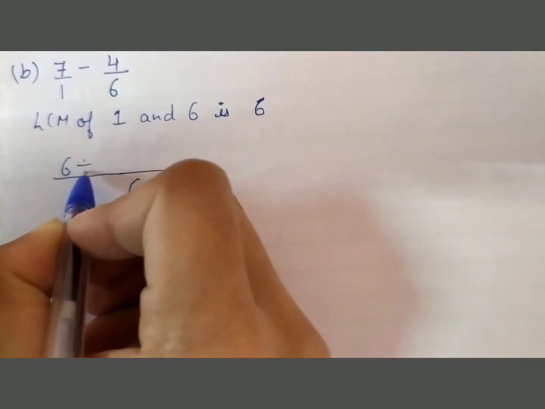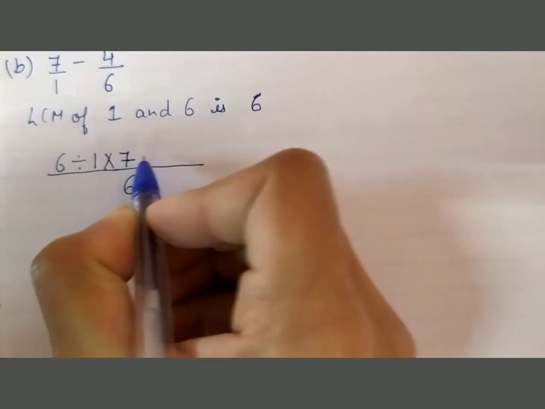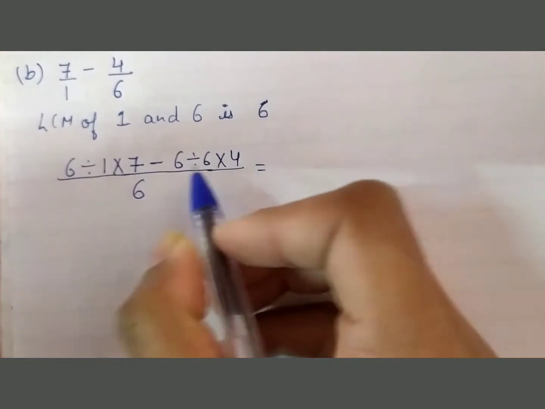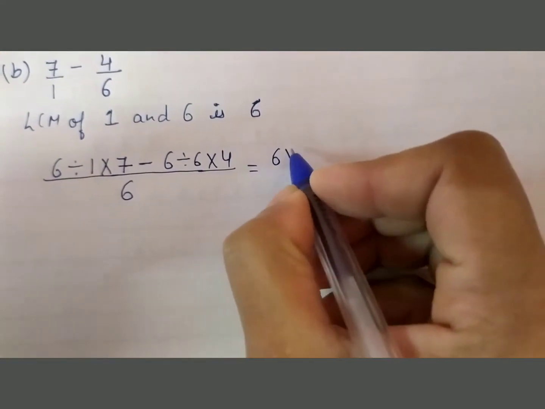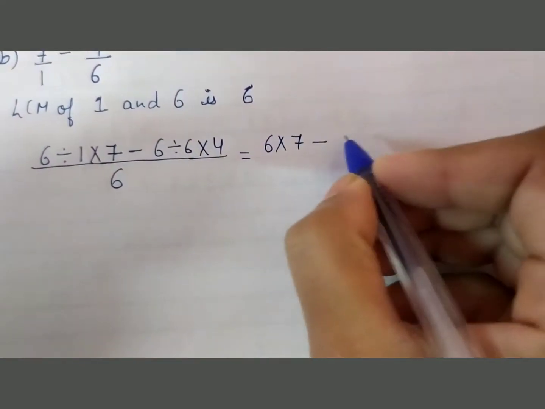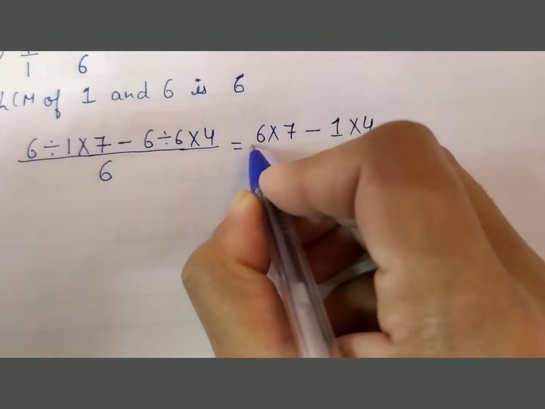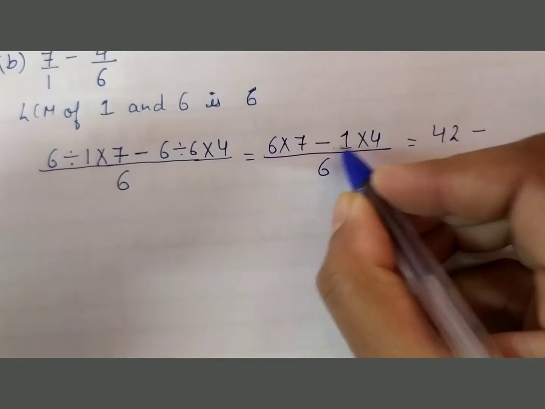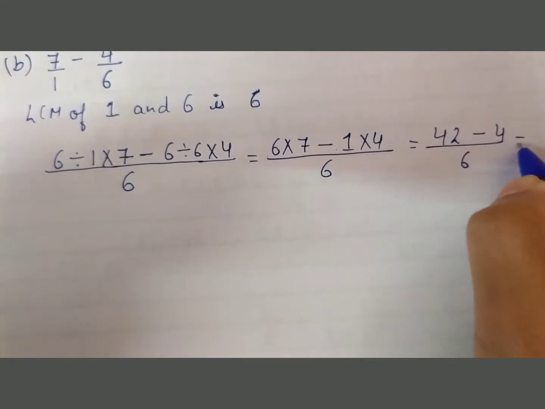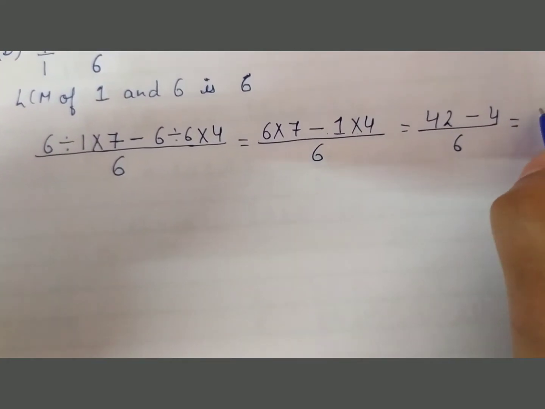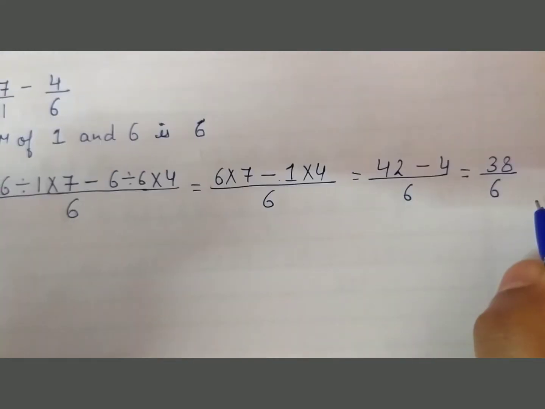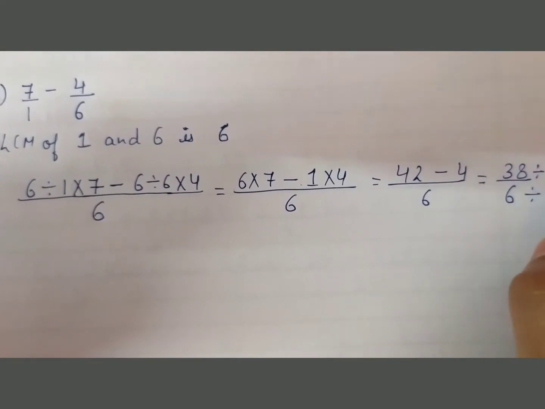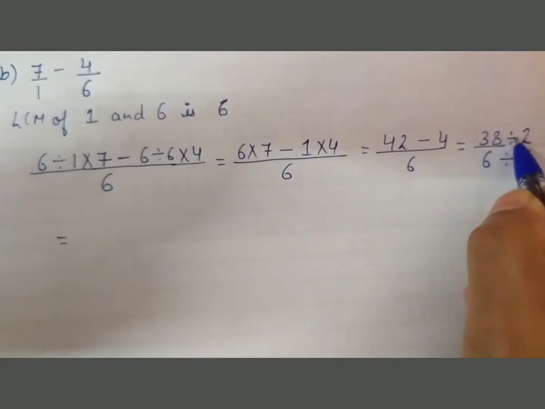Again write 6 divided by 1 multiply by 7 minus 6 divided by 6 multiply by 4, equal to 6 divided by 1, 6 multiply 7 minus 6 divided by 6, 1 multiply 4 upon 6. 6 multiply 7, 42 minus 1 multiply 4, 4 upon 6. 42 minus 4, answer is 38 upon 6. Since both numbers are divisible by 2, divide by 2. 38 divided by 2.